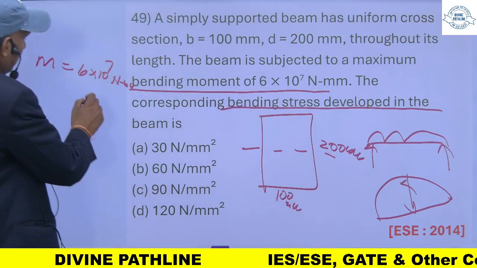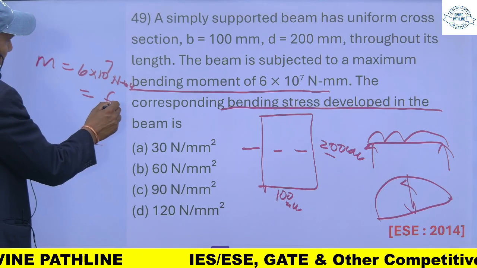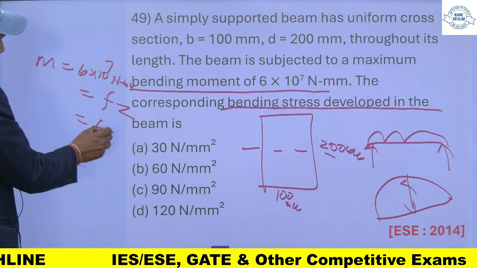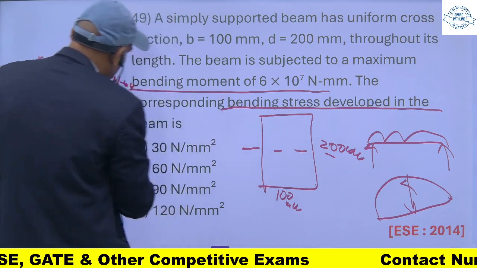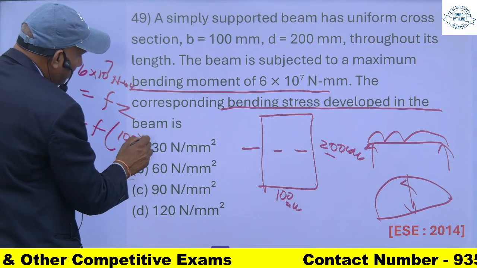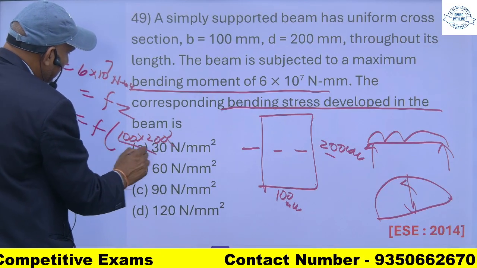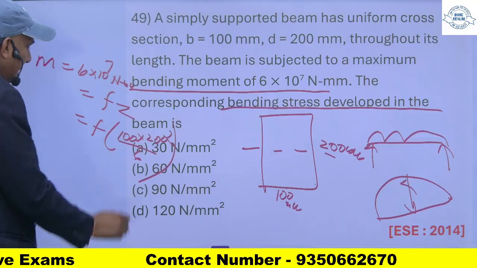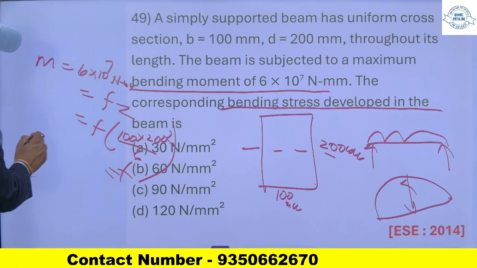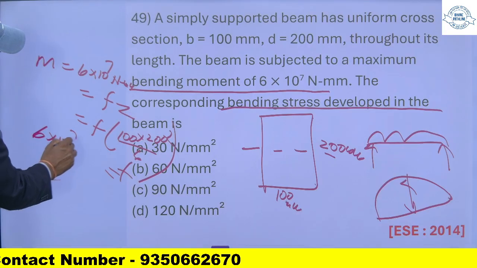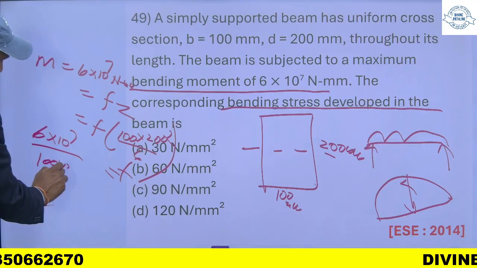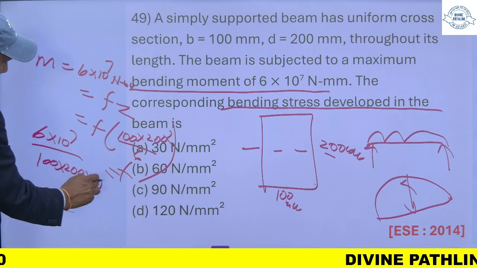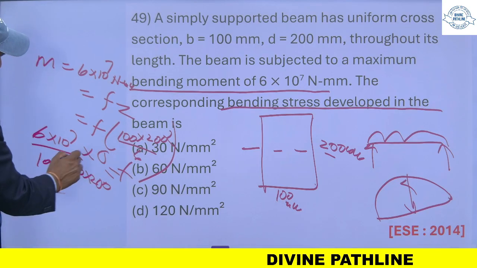So M is equal to F into Z. Z is the section modulus. Section modulus will be BD square by 6, which is 100 into 200 square by 6. So F will be 6 into 10 raised to the power 7 divided by this one and multiplied by 6.